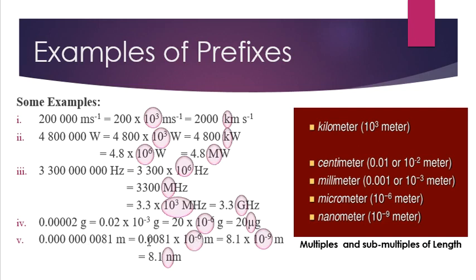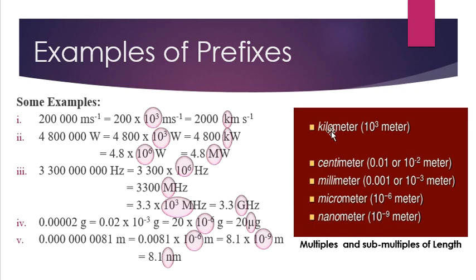Now if I move this further until the last decimal point after the 8, it would be 8.1 times 10 raised to power of minus 9 meter. So it would be 8.1 nanometers.